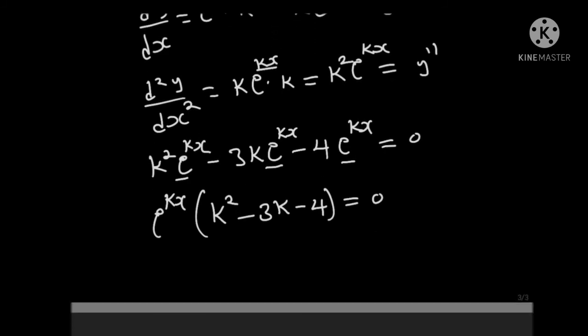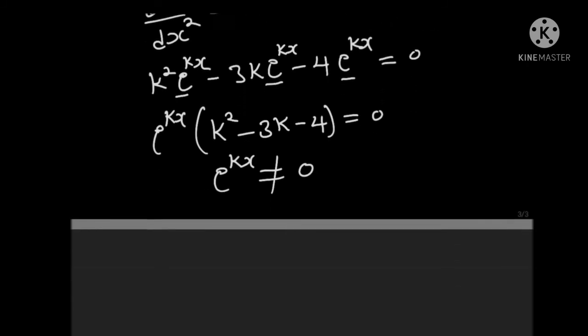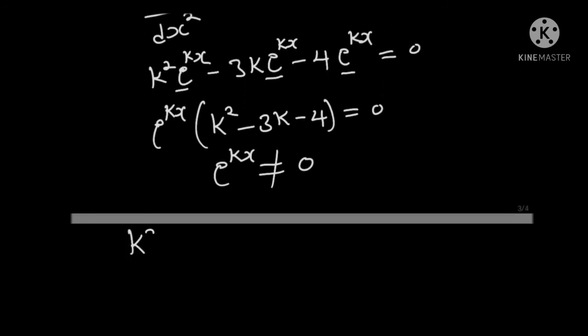Now, from this equation, e^(kx) can never ever be equal to 0. Therefore, k squared minus 3k minus 4 equals 0.